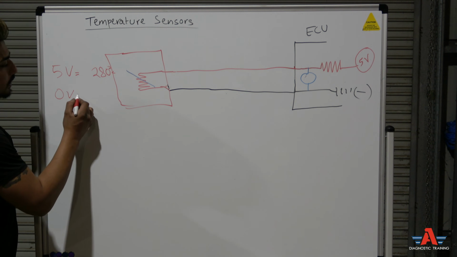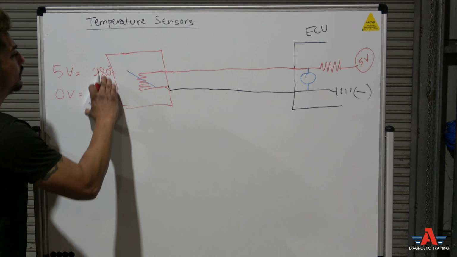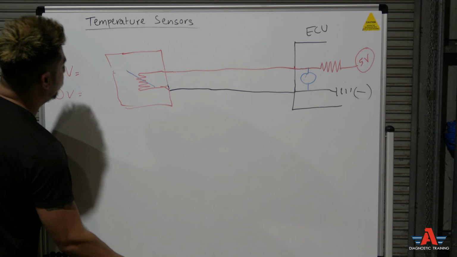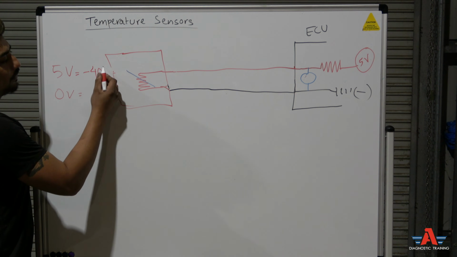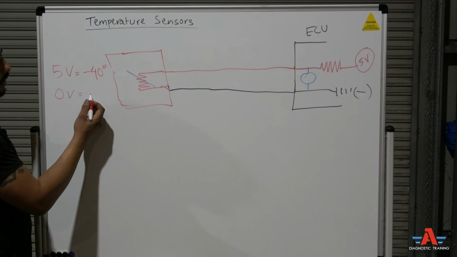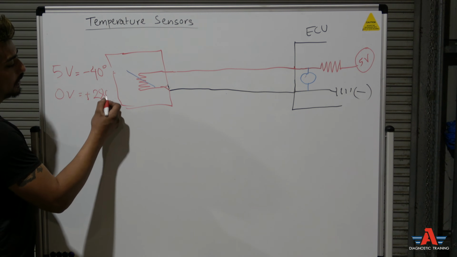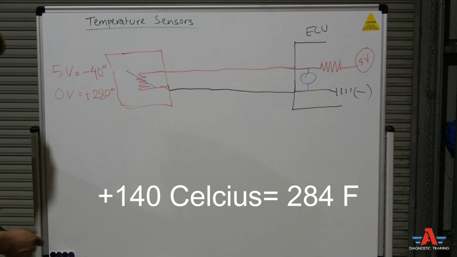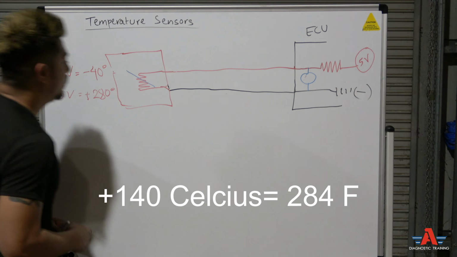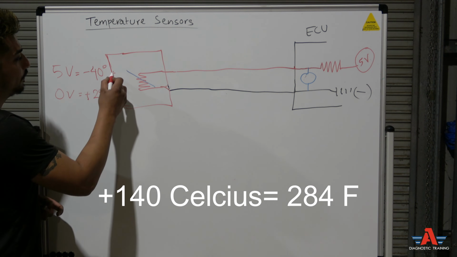And 0 volt equals, sorry, I'm wrong here. Try again. Okay, 5 volt means it's at minus 40 degrees, and 0 volt means it's positive 280 degrees. That's the temperature. That's how I have seen it on multiple computers. That's how the reading works.